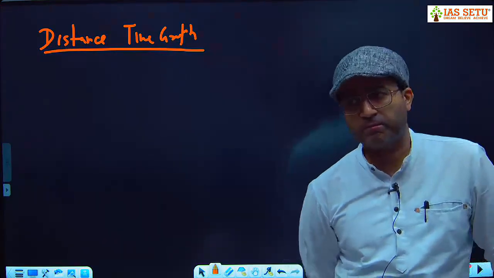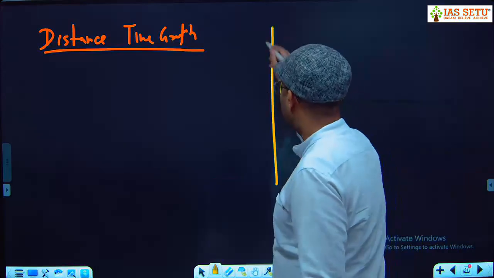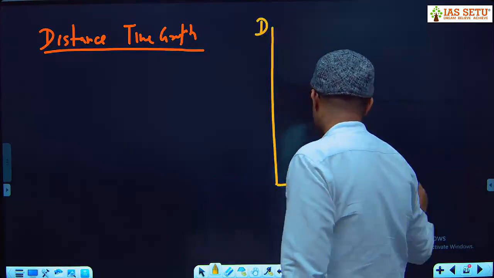I tell you how come. We take y-axis distance, x-axis as time.